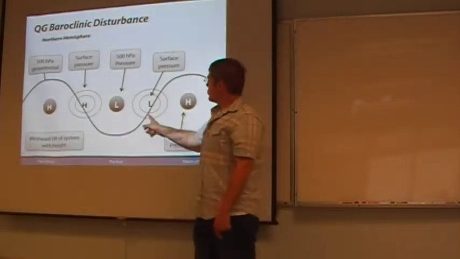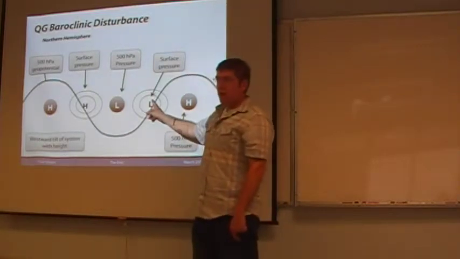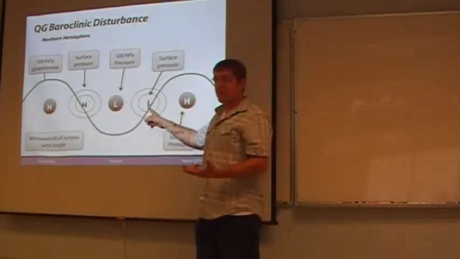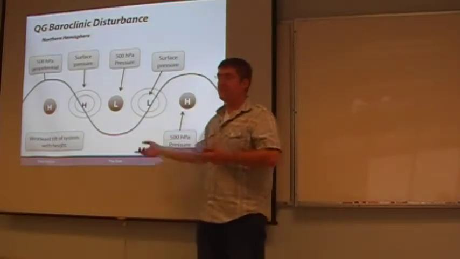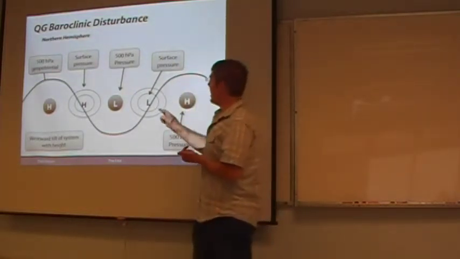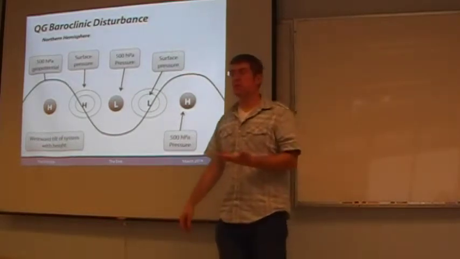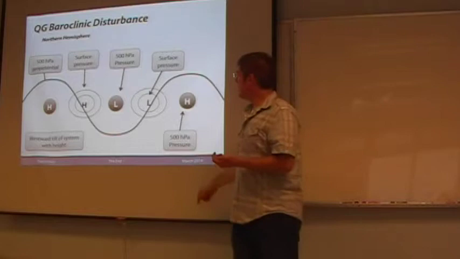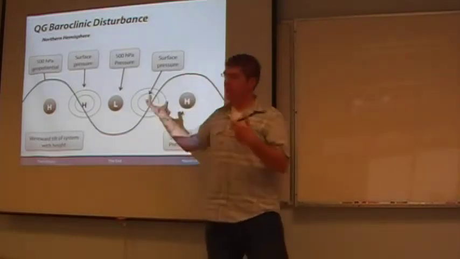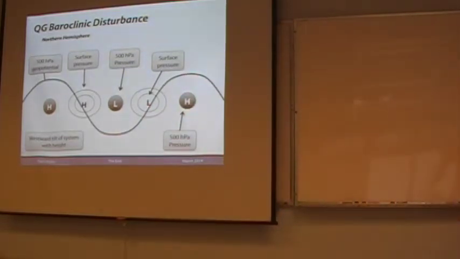The low pressure at the surface occurs due to the low level disturbance that occurred within the baroclinic instability, and the presence of this leads to stretching of the fluid column, and hence why vorticity develops at 500 hectopascal. The development of the vorticity then leads to the development of this wave-like shape associated with the baroclinic disturbance.